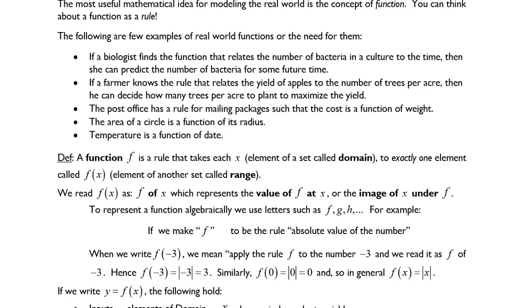We read f of x, the letter f, open paren, x, close paren, as f of x, which represents the value of f at x, or the image of x under f.